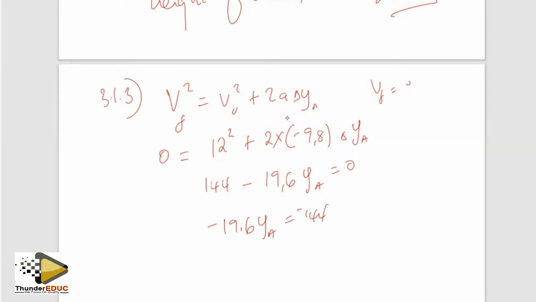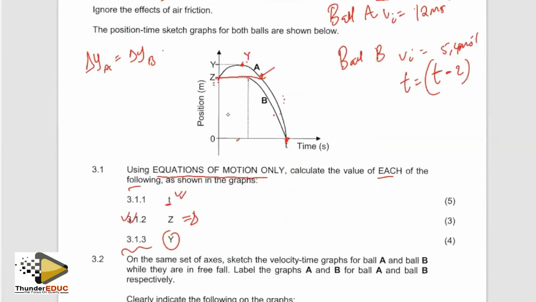And that's a negative. Divide both sides by negative 19,6, which means YA is 144 divided by 19,6. That gives me 7,35 meters. So that's just the height from the point of projection.